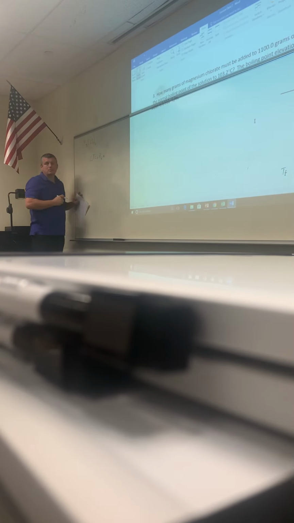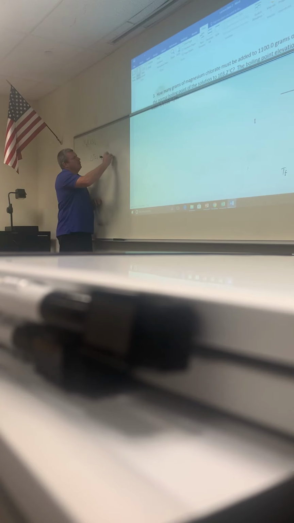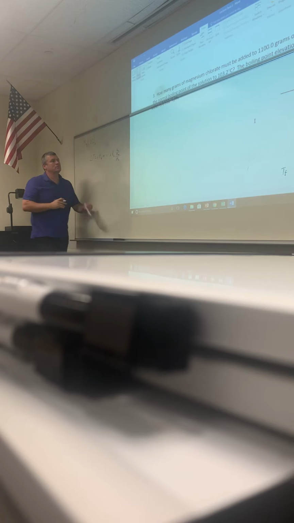So delta T equals I times K sub B times molality, right? Yes. And what's our definition of molality? So this is I times K sub B times mass of solid divided by molar mass of solid divided by the mass of solvent, and that's in kilograms, right?